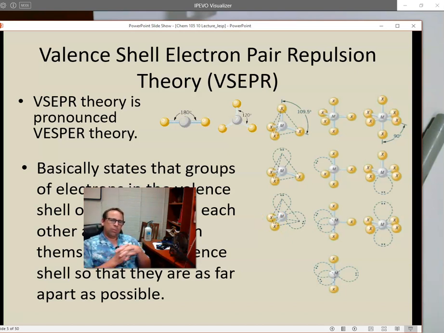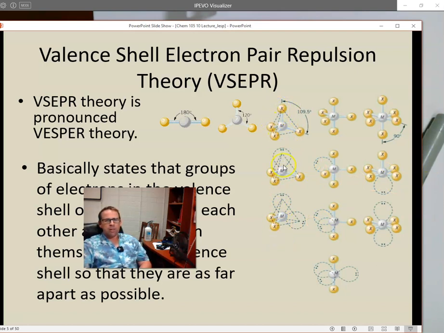Also, we can now differentiate between what we call the molecular shape and the shape of the electron domains. There are 4 regions of electron density in all 3 of these molecules here.